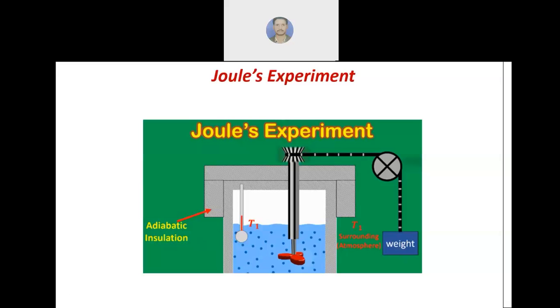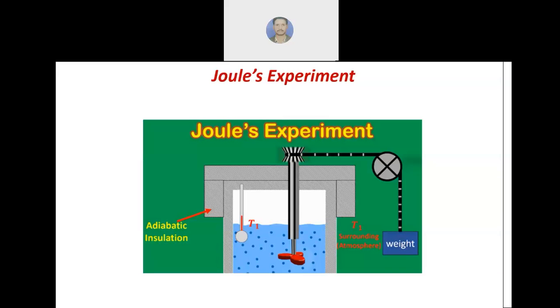In this beaker, we have closed it, made it a closed system, and then insulated it. So we are making an isolated system, so that there should not be any transfer of mass, as well as no transfer of energy or heat.